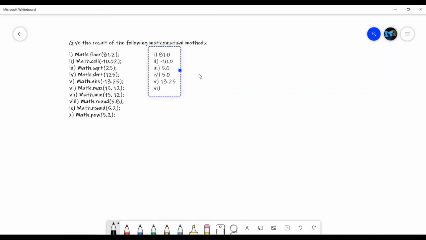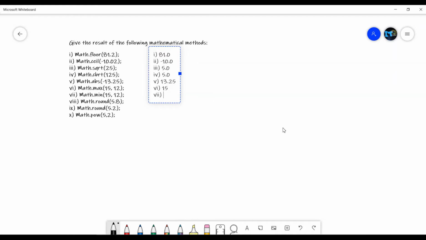The max method returns the maximum value between the two numbers. Here the maximum between 15 and 12 is 15, so it returns 15. Similarly the next one, bit number 7, Math.min of 15 comma 12.